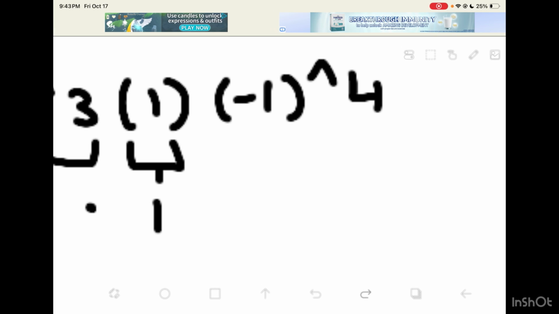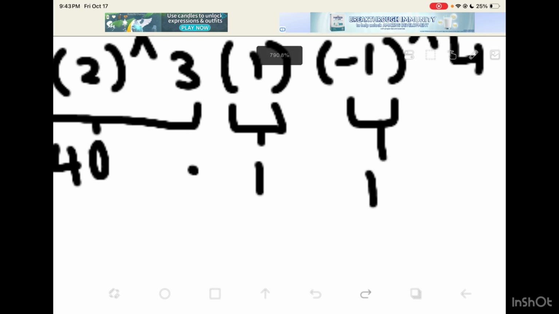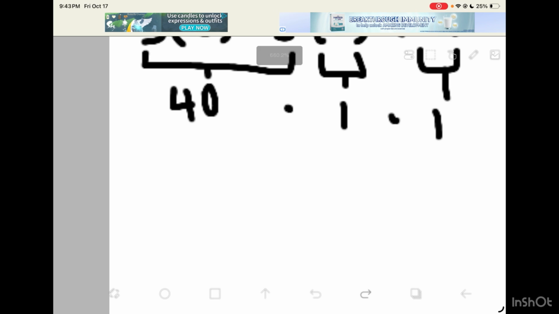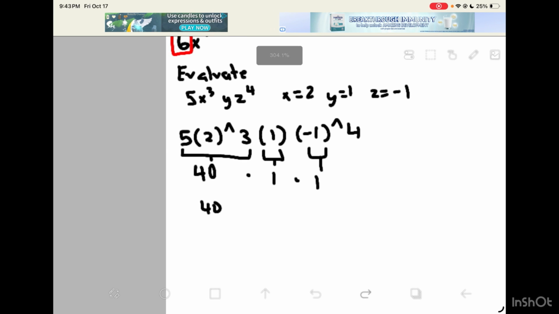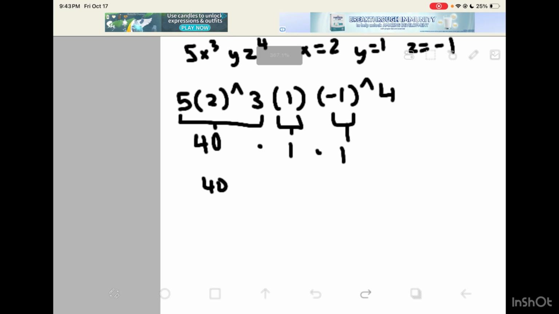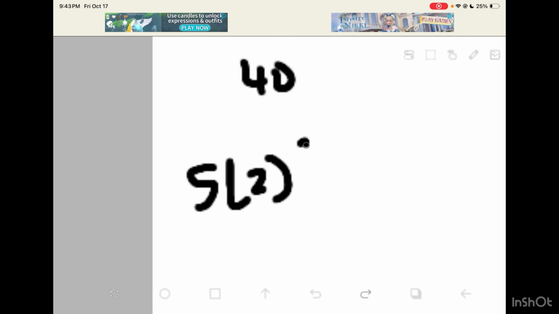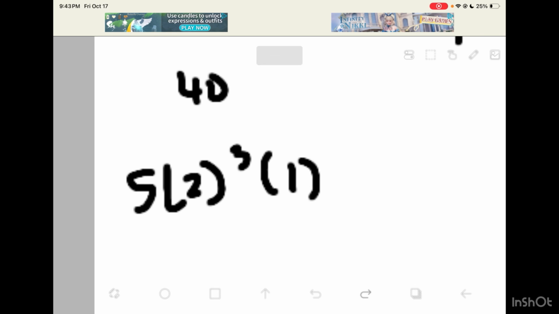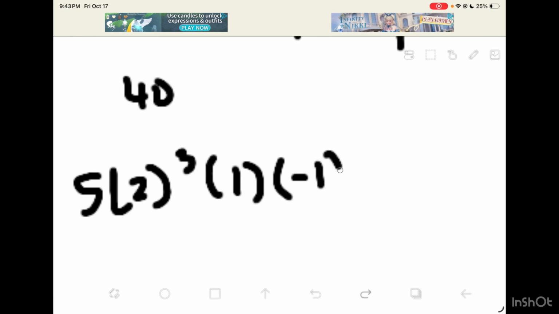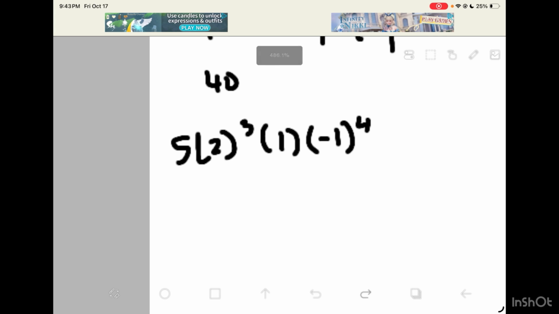Oh, by the way, make sure to put the parentheses around the -1, otherwise you might have a different answer. So (-1) raised to 4 is +1. So 40 times 1 times 1 is 40. That's how you evaluate. If you're using a four-line calculator, you can just use the one shown in the presentation, and it should give you the same answer.